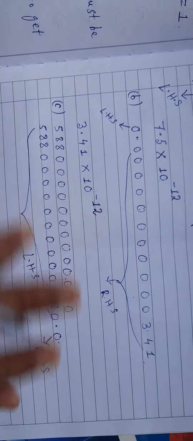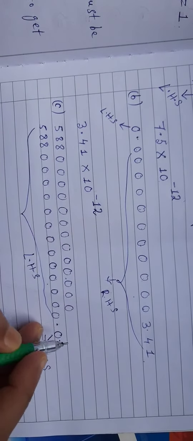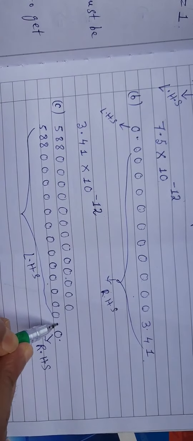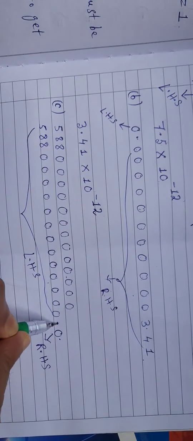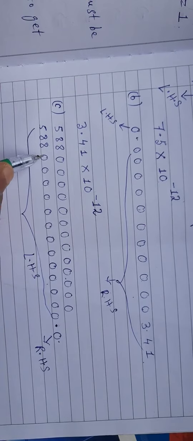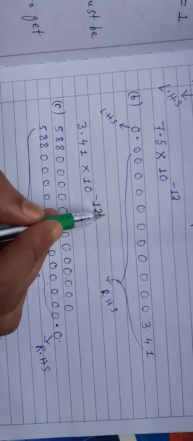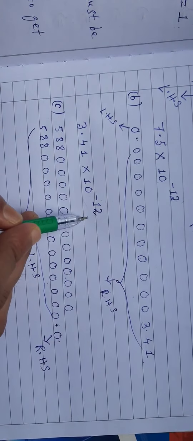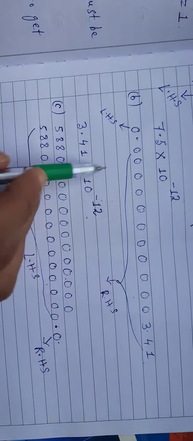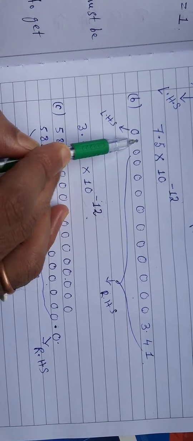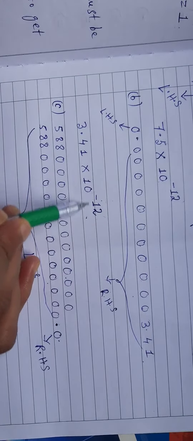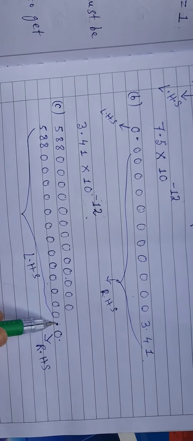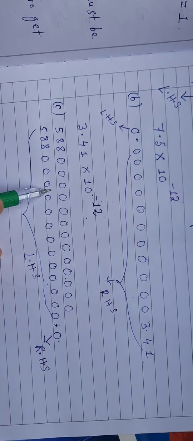Therefore if I shift this decimal point to the left hand side, the sign of the exponent will become positive. So these are the two basic differences that you have to remember. Once again, if the decimal point is shifted to the right hand side, the exponent becomes negative. If the decimal point is shifted to the left hand side, the exponent becomes positive.